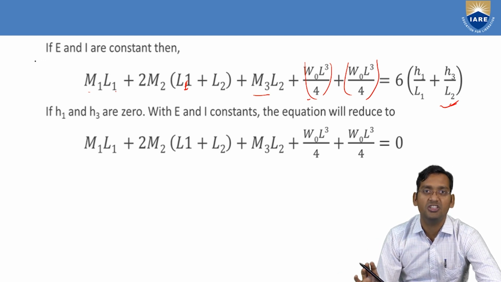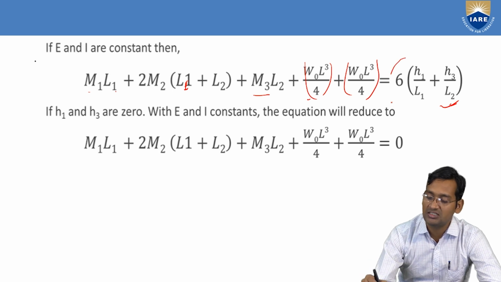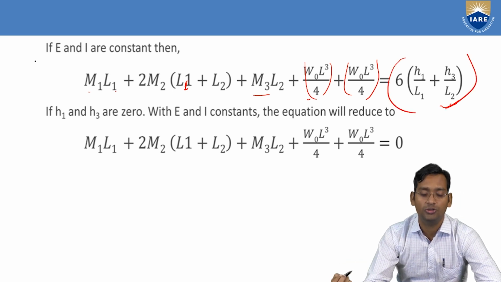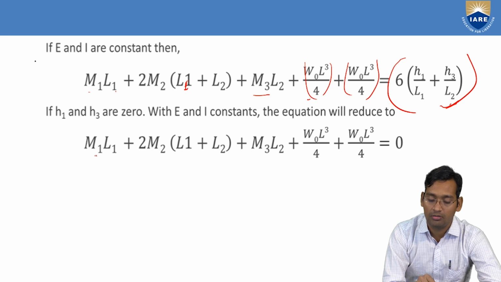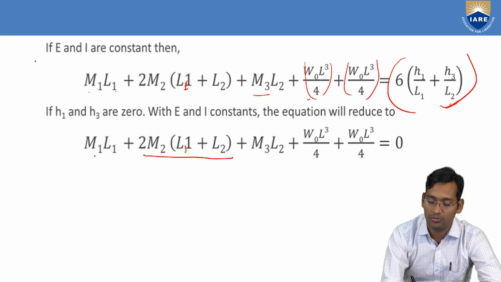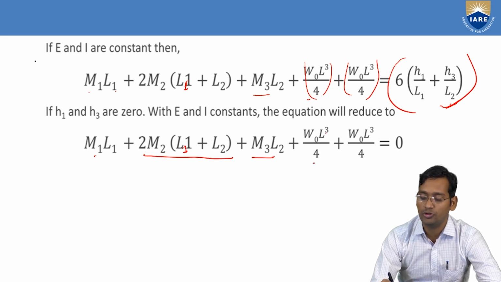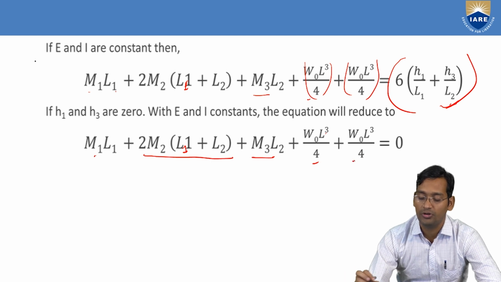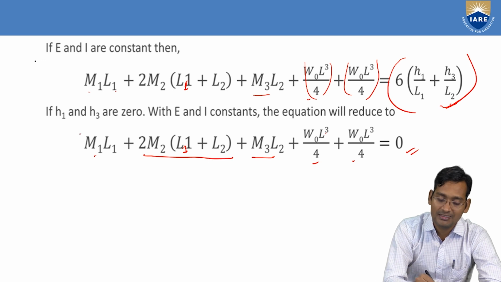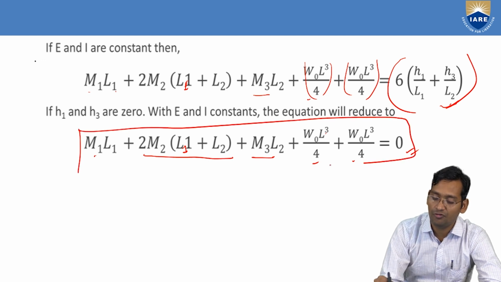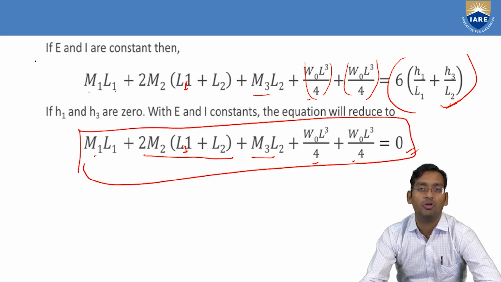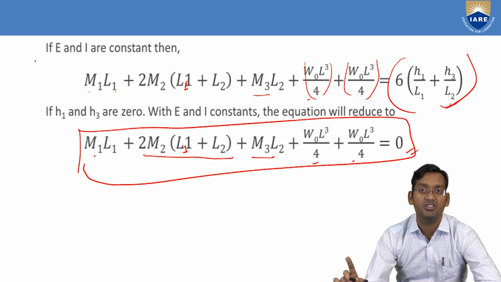So when H1 and H3 are 0, this side will be 0. Hence M1 L1 plus 2 M2 (L1 plus L2) plus M3 L2 plus W naught L cubed by 4 plus W naught L cubed by 4 is equal to 0. So this is the final Clapeyron's three-moment equation for uniformly distributed load.